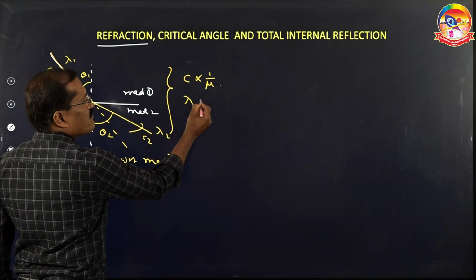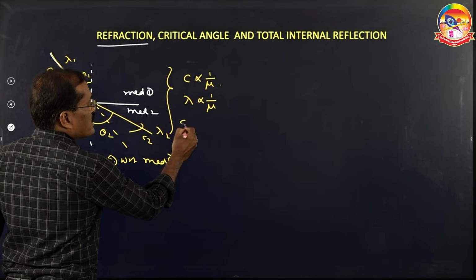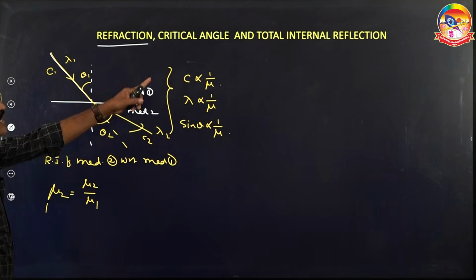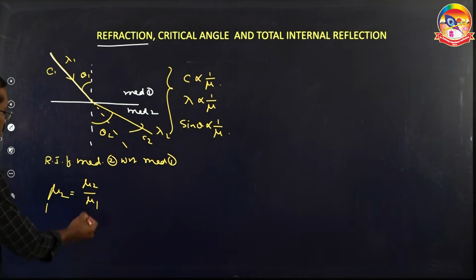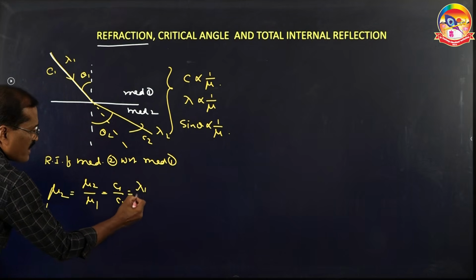Wavelength is inversely proportional to mu, and sin theta is also inversely proportional to mu. These three physical quantities are inversely proportional to mu here. Therefore, mu 2 with respect to 1 is equal to mu 2 by mu 1, which is equal to C1 by C2, which equals lambda 1 by lambda 2.